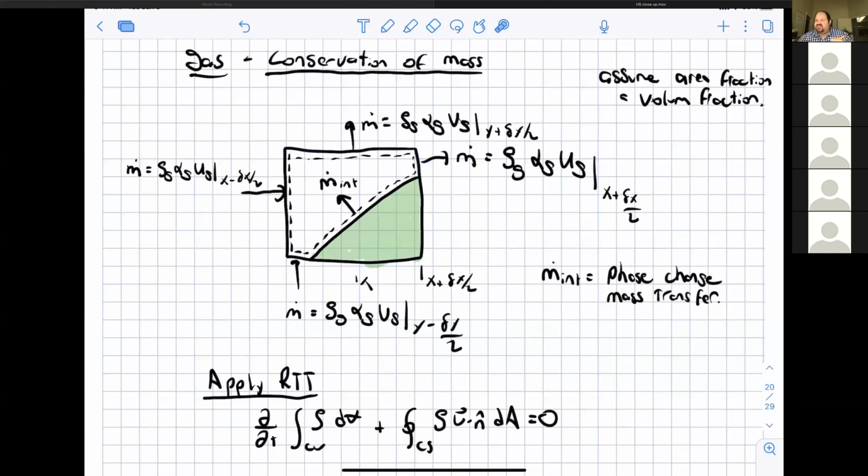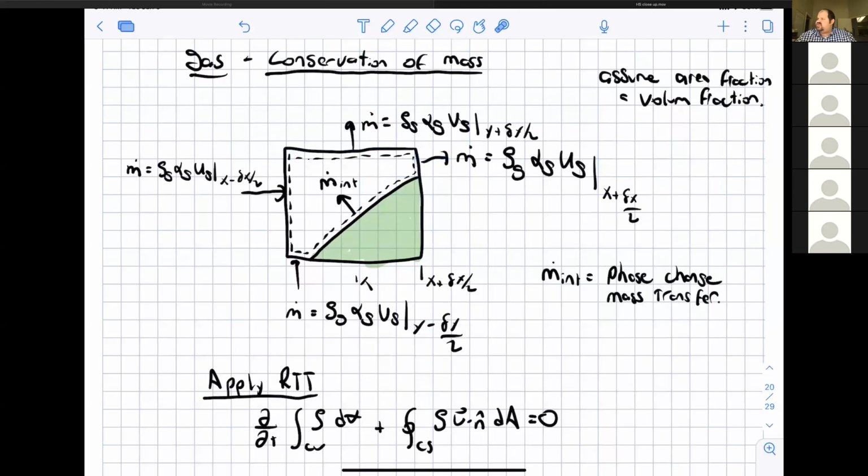So the total mass flow going through this little piece here would just be the gas phase velocity times the gas phase density, and that would be the mass flow rate through the entire section here, but most of it is blocked off over here, and so only this little piece is where the gas is flowing through, and that is the gas phase volume fraction.